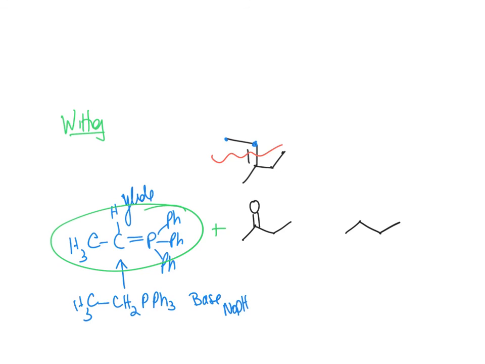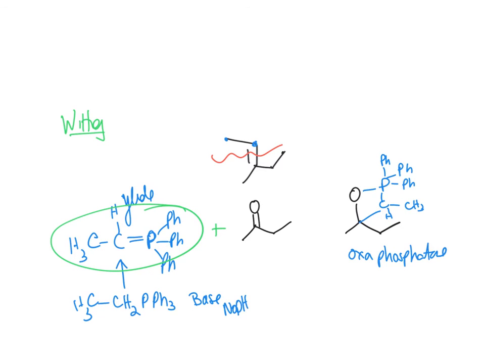And then what's the mechanism? The mechanism here is the oxygen will bond with the phosphorus, and this phosphorus carbon will bond with that carbon. And then you can go ahead and write CH3 and the hydrogen here, and then the phenyl. And this is called the oxaphosphetane.